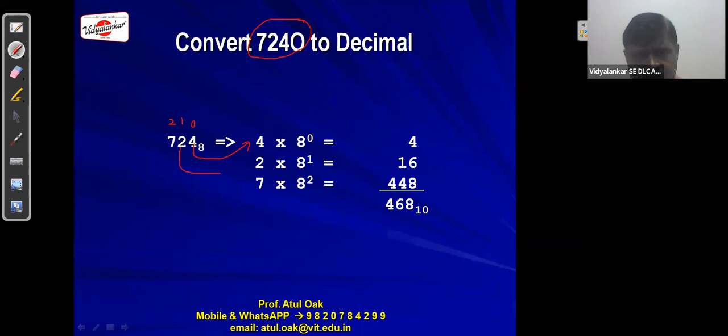Then I take the second digit and multiply by 8 raised to 1. I take the third digit and multiply by 8 raised to 2, 64 into 7, and I will add all partial products, very similar to binary to decimal. Only instead of 2 raised to n, you will multiply by 8 raised to n.